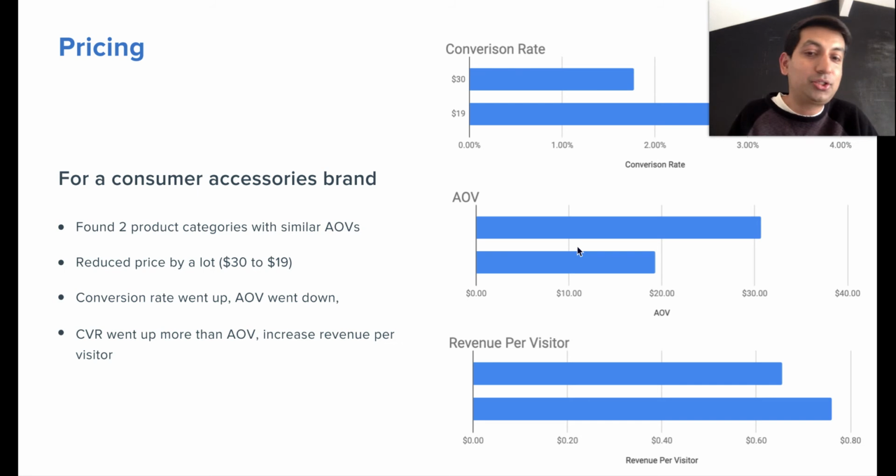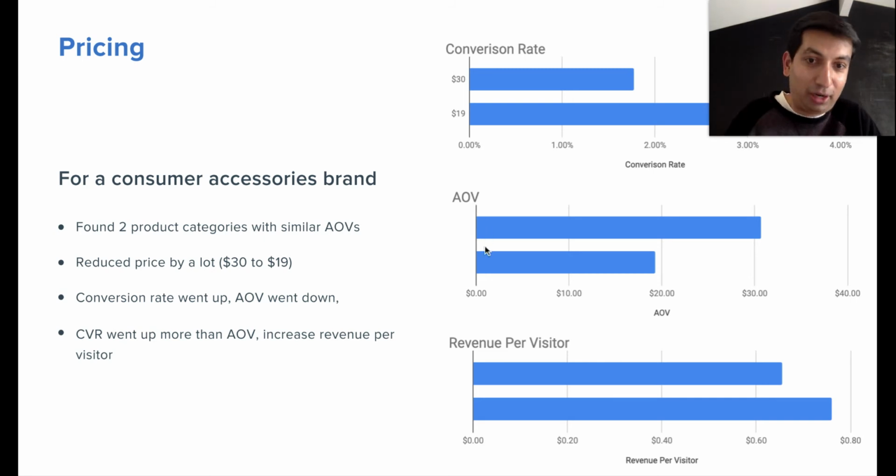And so in that case, the main metric that any CRO program is meant to increase, revenue per visitor, in a transactional website like e-commerce, went up. Because there was a higher conversion rate increase than the decrease in AOV. This is pure desirability. Have you found the price that maximizes the revenue per visitor? We're not changing the usability of the site at all. It could be that the checkout flow is terrible, and it's still terrible, right?